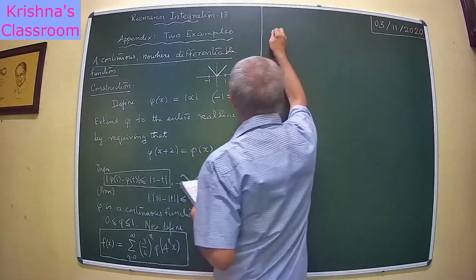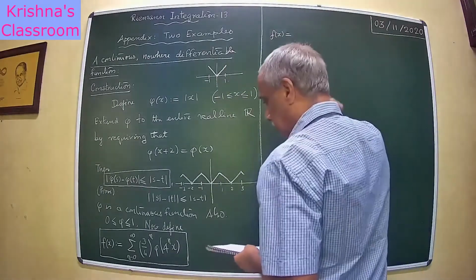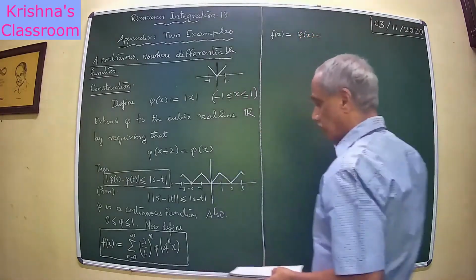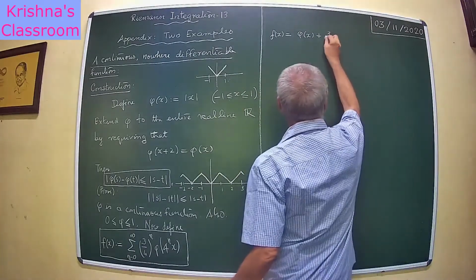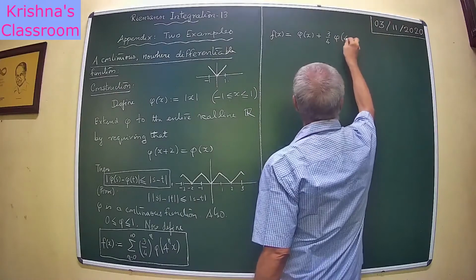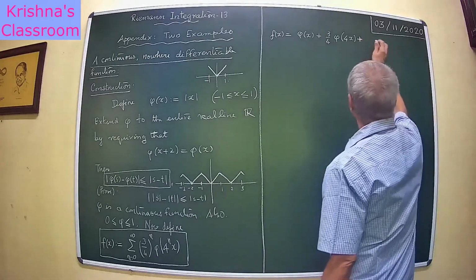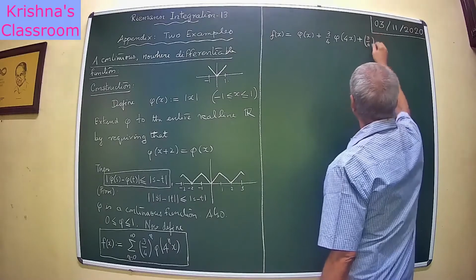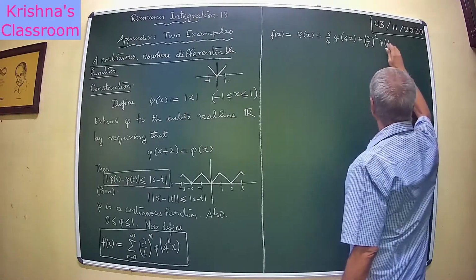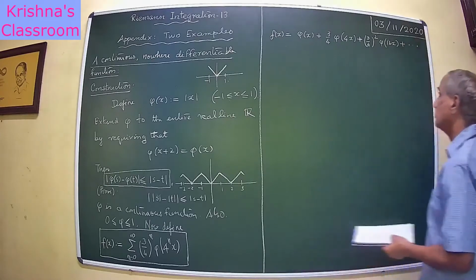That is f of x equal to, for n equal to 0, you get phi x plus, for n equal to 1, it is going to be 3 by 4 phi of 4x plus 3 by 4 square phi of 16x, that is 4 square x, plus etc. Okay.